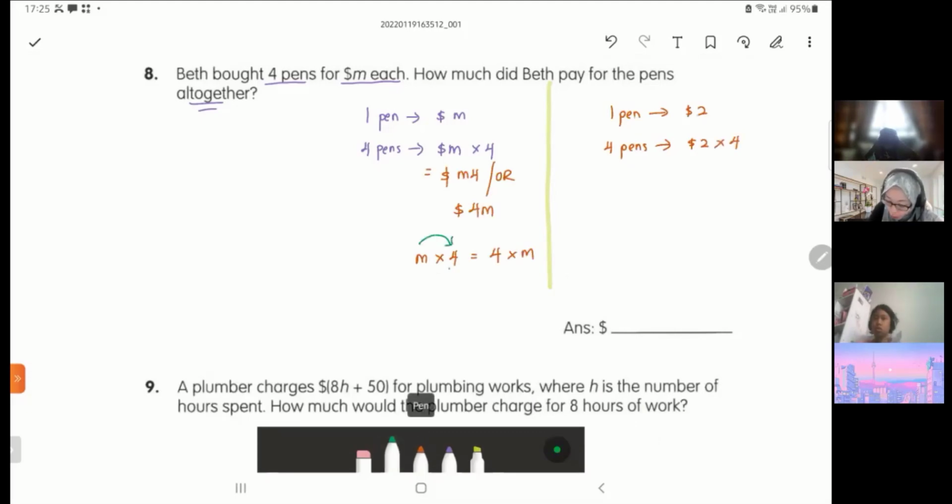M times 4 or 4 times M is interchangeable. The same as if I say 2 times 4 is also okay when I say 4 times 2. Correct? It's interchangeable. So usually the number comes first, then the algebra comes behind. All right, so the answer is $4M. That's my answer. Okay.